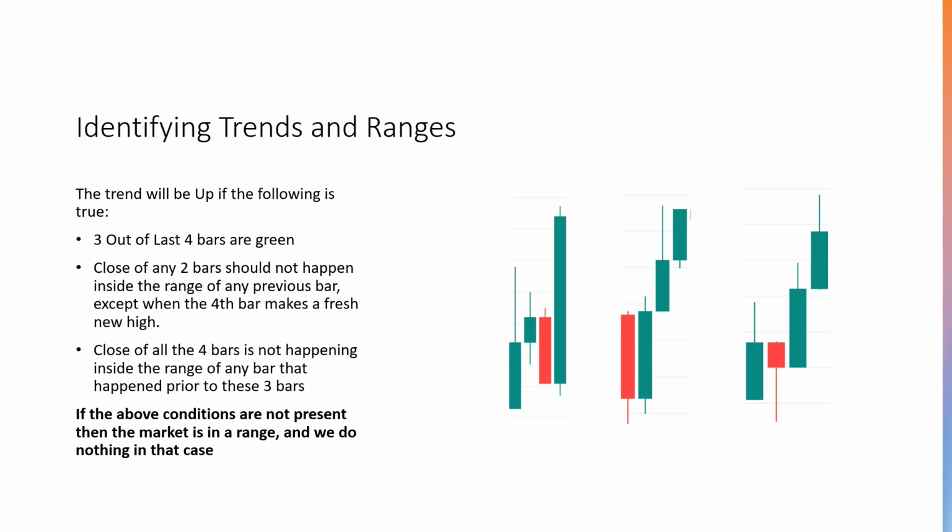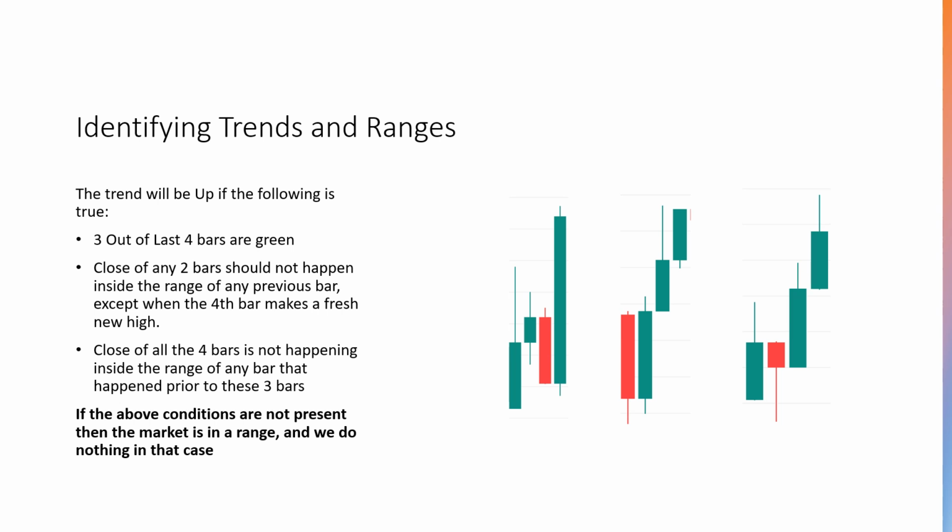Look at the first image on your left side. The middle two bars, the second bar and the third bar, are closing within the first bar. But the big green bar in the picture on the left-hand side is making a fresh new high, and three out of the four bars are green, hence the trend is up.